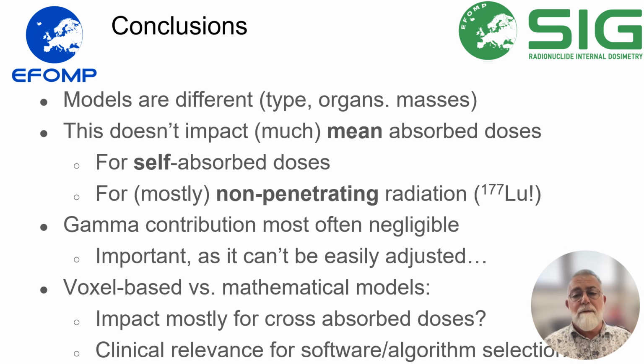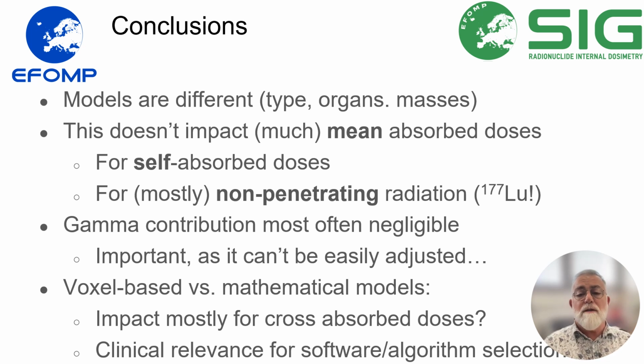But that is for non-penetrating radiation, like mostly lutetium-177. The conclusion may not be the same for iodine-131, for example, where 2/3 of the energy is emitted by gamma, right? So these conclusions are only valid for one geometry and one radionuclide.